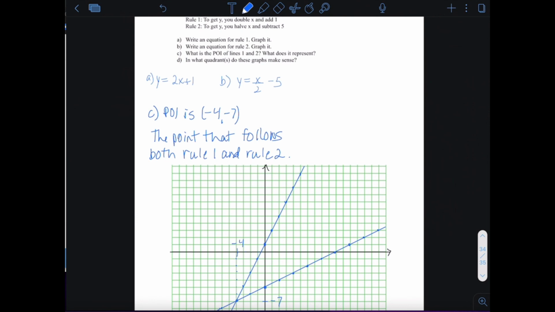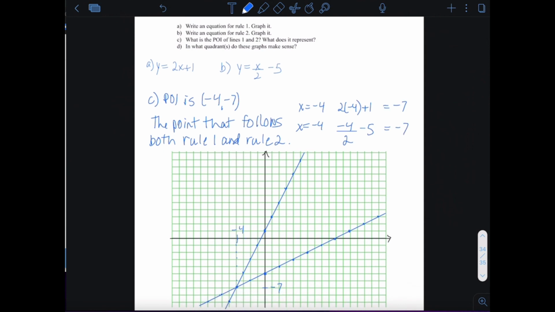So let's actually try it. If x is negative 4, if I double negative 4 and add 1, I get negative 7. And also, if I halve negative 4 and subtract 5, I also get negative 7. So this one point follows both rules.